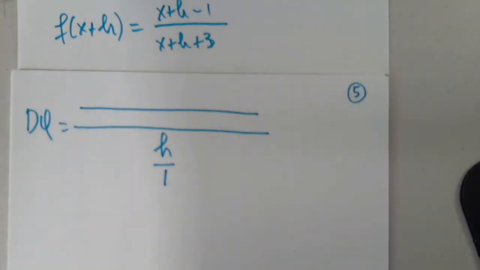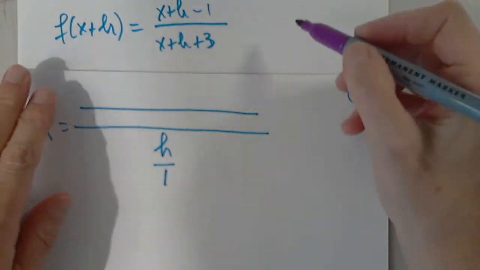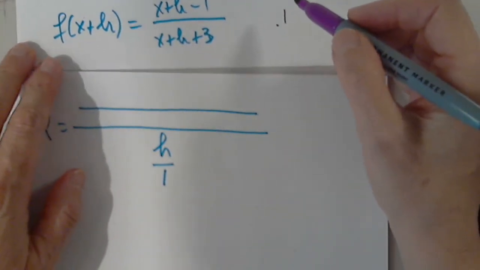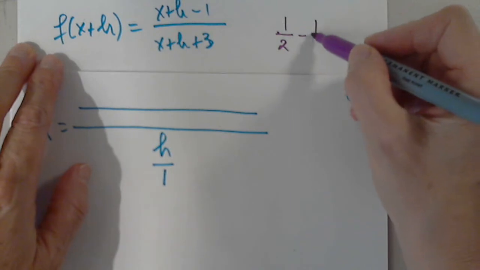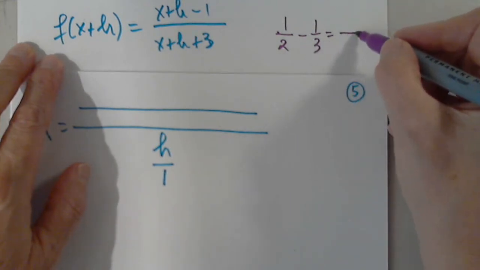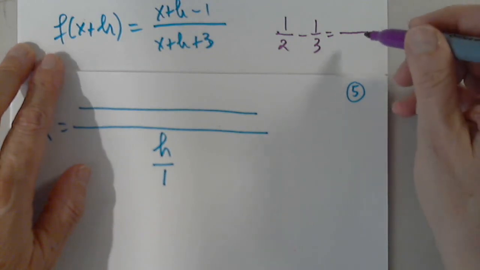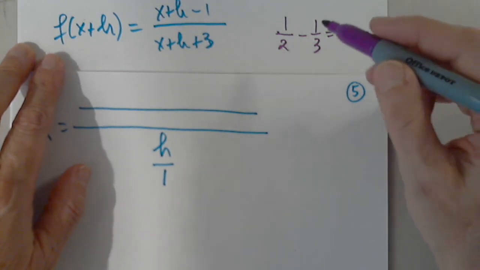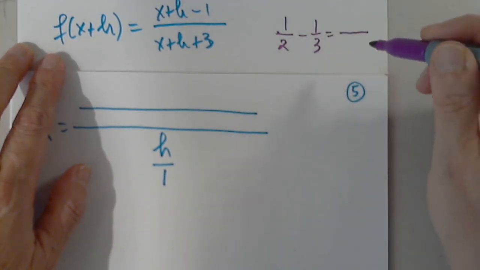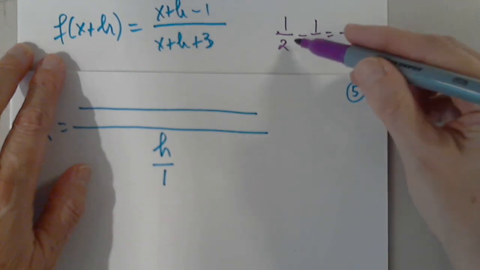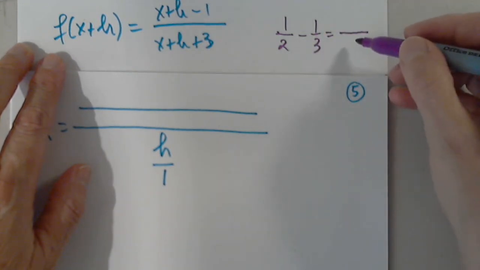In order to subtract them, we need the LCD. So for example, if I want to perform the operation 1/2 minus 1/3, what would be the least common denominator? x plus 3. No. So let's do this numerical example, 1/2 minus 1/3. When I want to subtract these two, what would be the LCD?